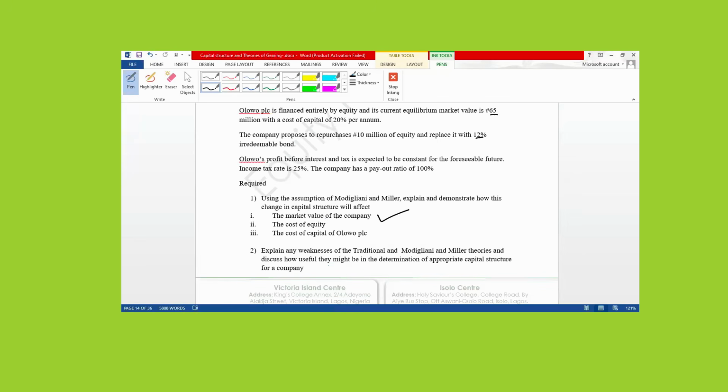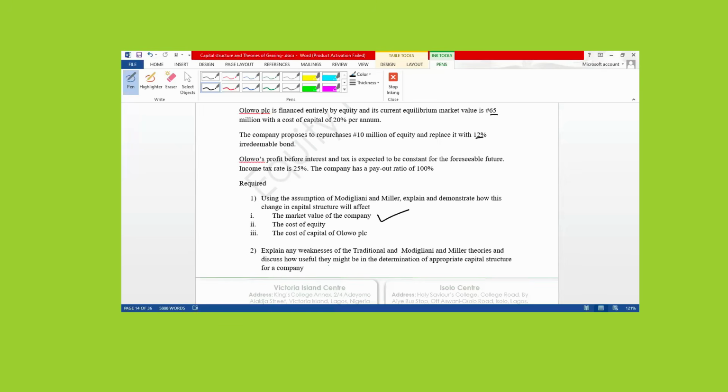But the limitation is that when there is excessive debt in the capital structure, it can reduce the value of the company. So let's deal with the first one, traditional theory.